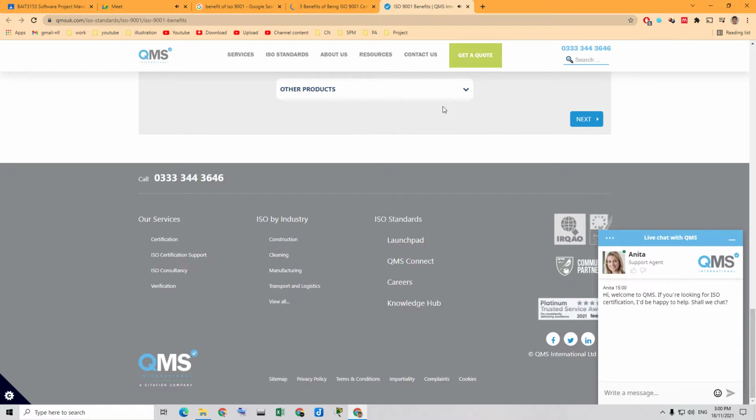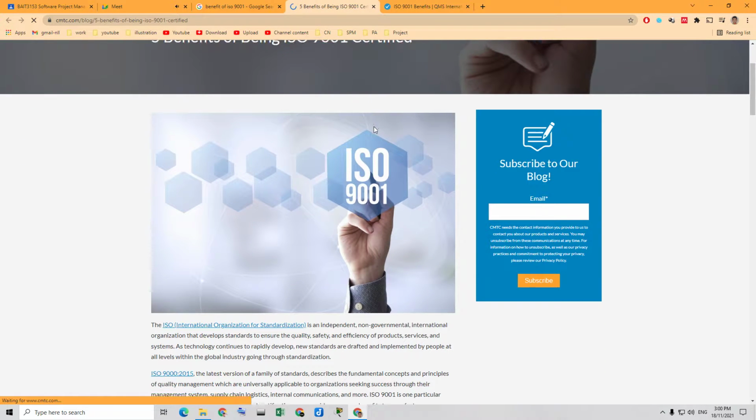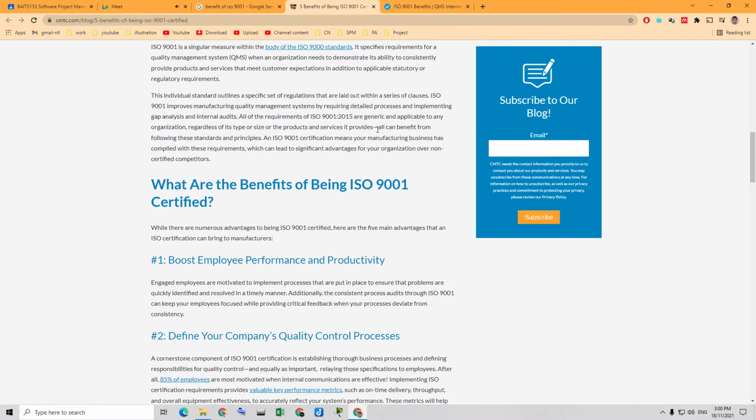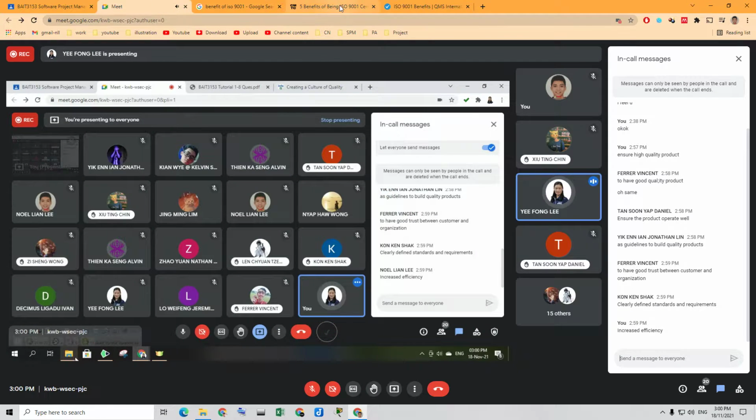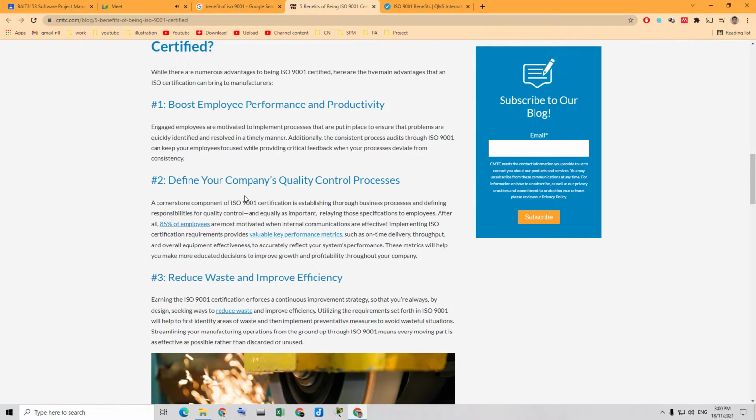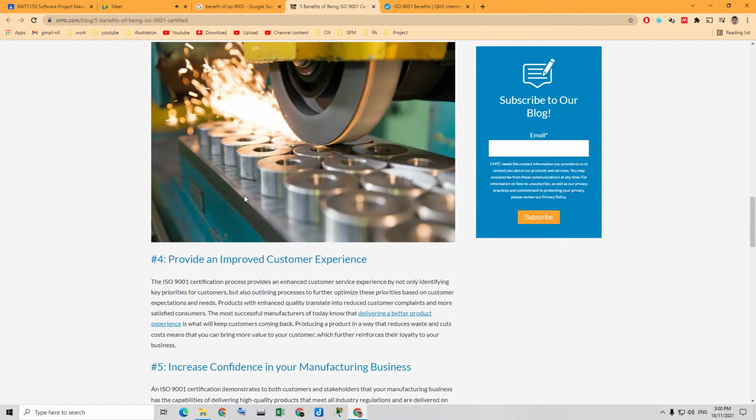When we follow this quality guideline, my question is, when we follow this quality standard, this is a guideline document.